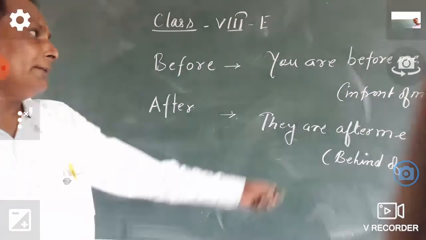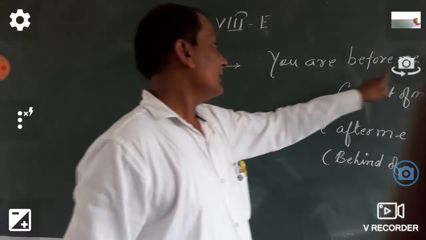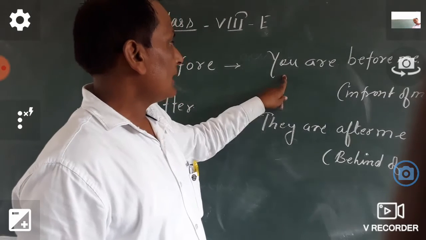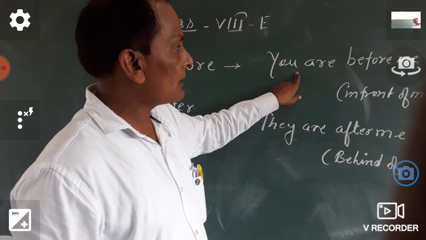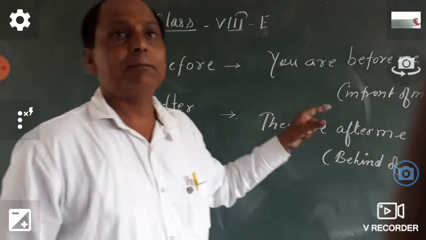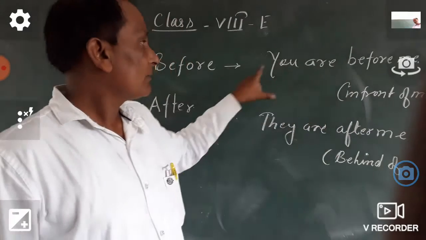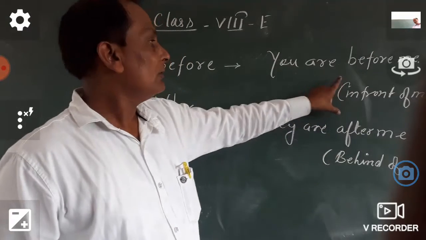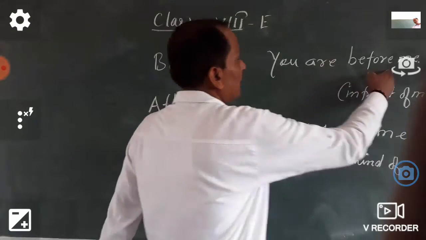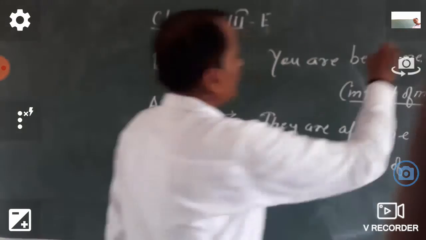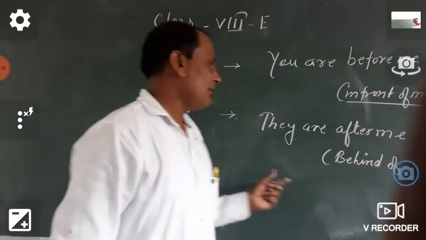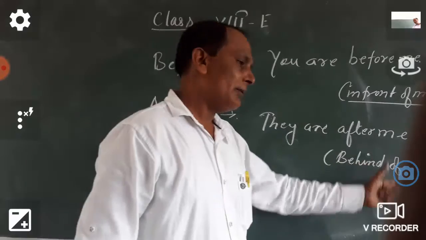So in this way, you are before me means you are in front of me. So what does it explain to you? It explains the condition or the position of the object. You are before me means in front of me. And in the second, after, they are after me means they are behind you.